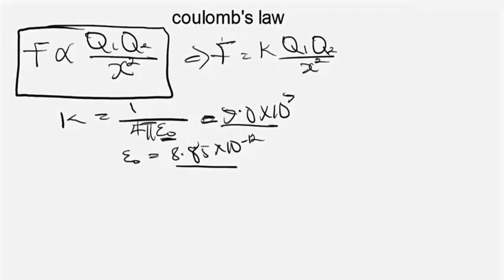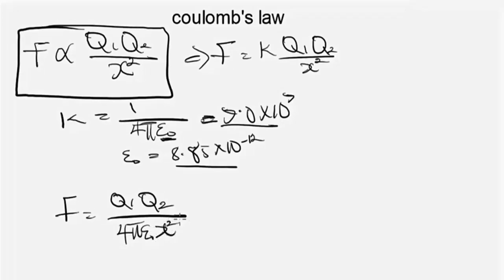Alright, so having this, we can simply write that F is equal to Q1 Q2 over 4 pi epsilon naught x squared.